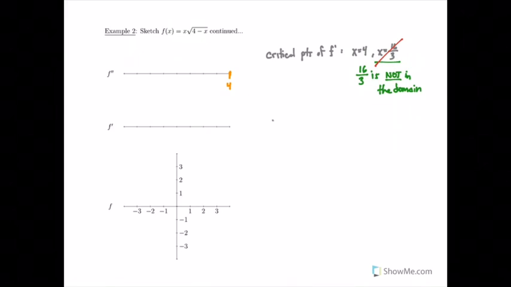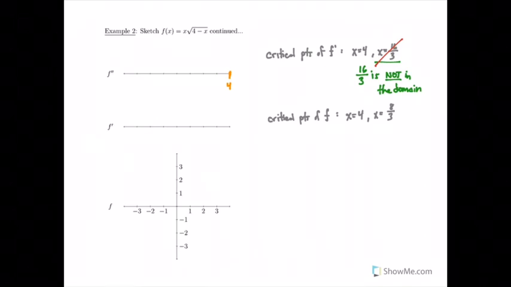For the derivative, for the critical points of the function, we have x equals 4 and x equals 8/3, which is a little bit less than 3.